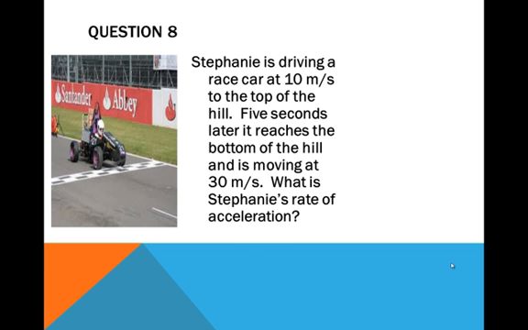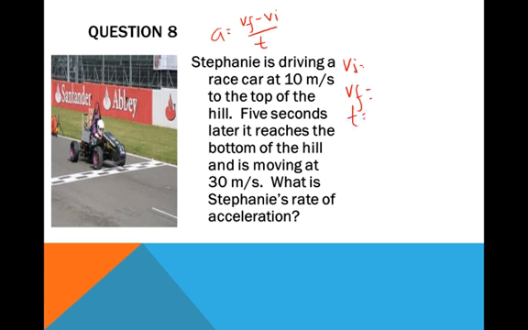Alright, so Stephanie is driving a race car at 10 meters per second to the top of the hill. 5 seconds later, she reaches the bottom of the hill and is moving 30 meters per second. What is Stephanie's rate of acceleration? Okay, so I'm just going to write again my acceleration formula. Okay, then I'm going to write down my unknowns.